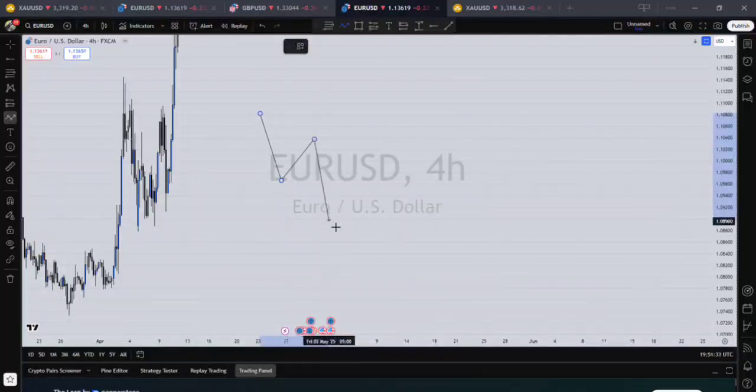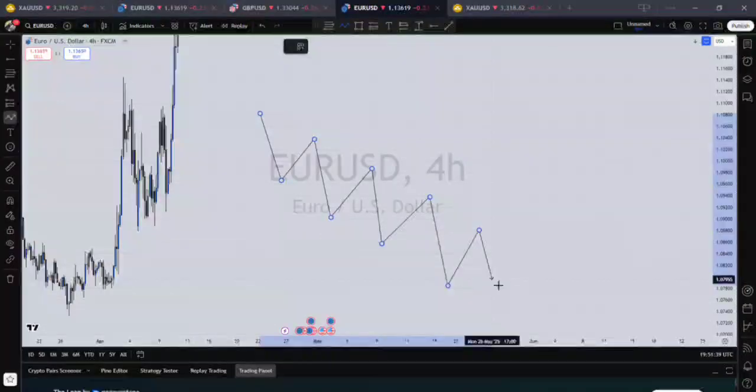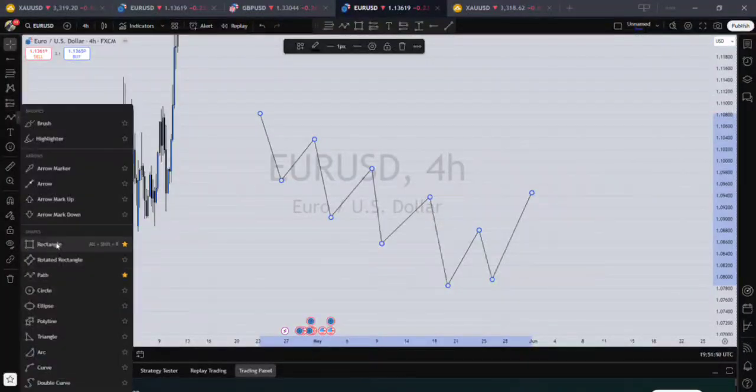You will still consider the same zone. Look at what you're asking. For example, we break the first one, then the second one, then the third one, then maybe something forms like this and it does not break the fourth one. Should we now consider it as the second supply?